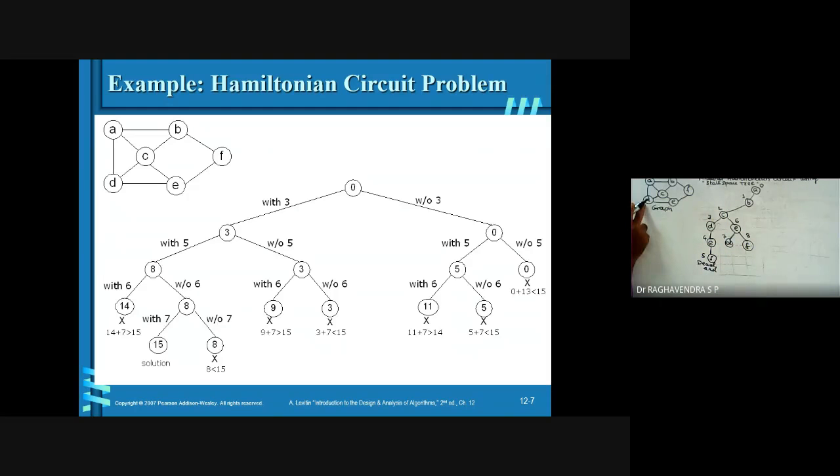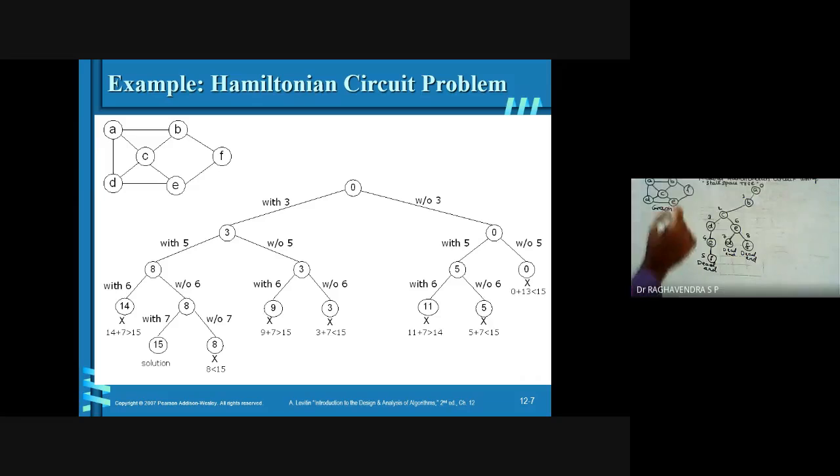And D now in this situation is also a dead end, because if you go to D and reach A, you can skip F. So that is why this is also a dead end. And on the other hand, if you consider F, you cannot reach back A. So this is also a dead end. So C is considered to be a non-promising vertex.